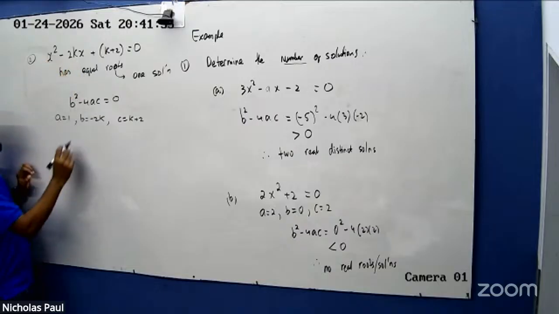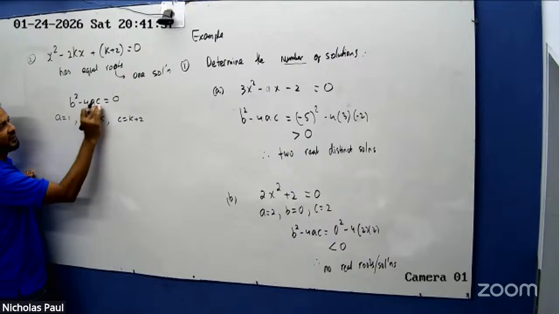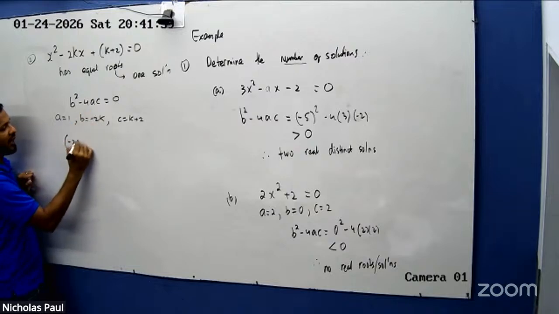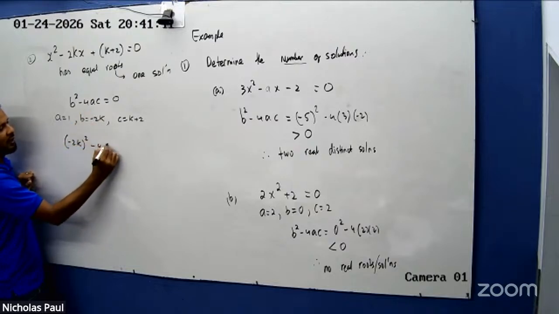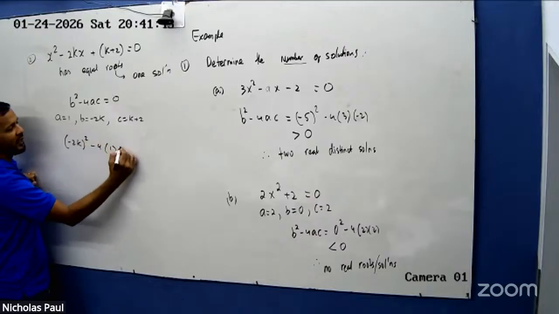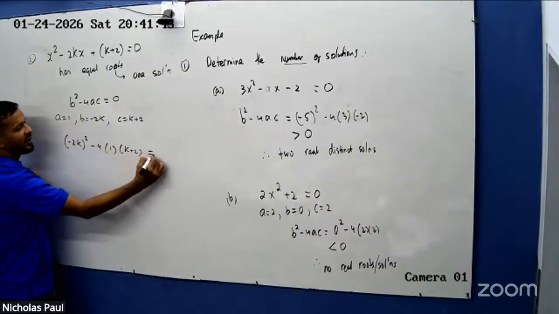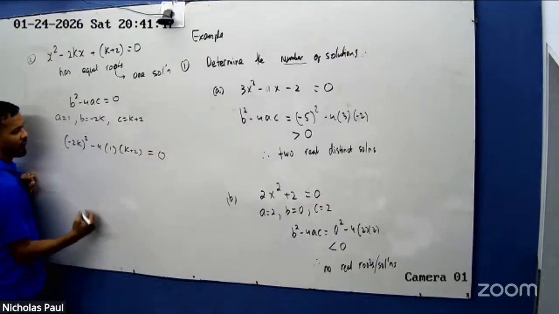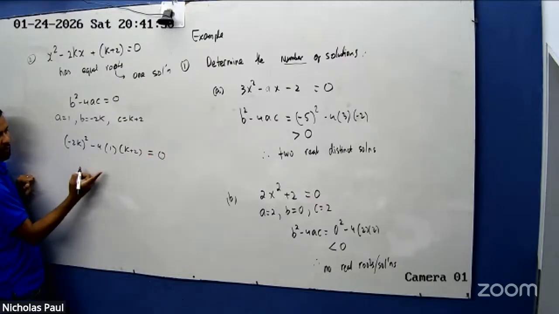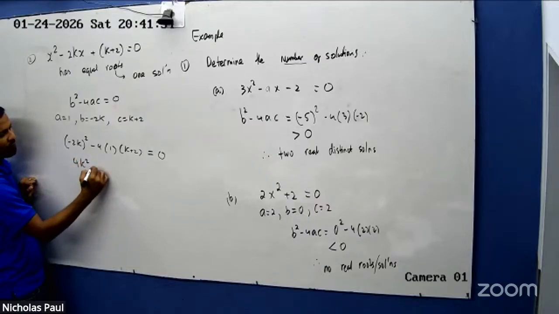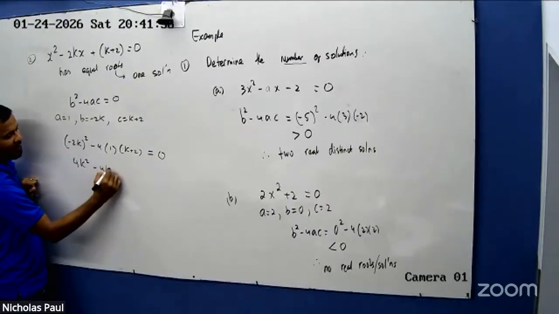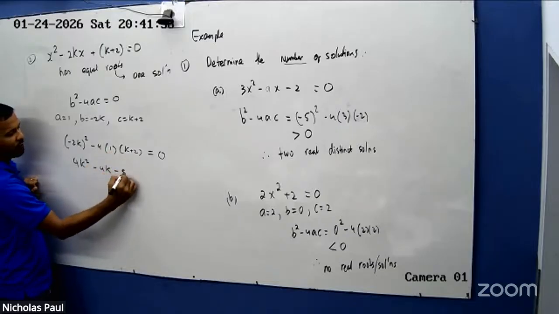Now, all I'm going to do is put everything in here. So that's minus 2k squared minus 4 times a times c is equal to 0. Your objective now is to solve it. Minus 2 squared minus 4 times k minus 4 times 2.